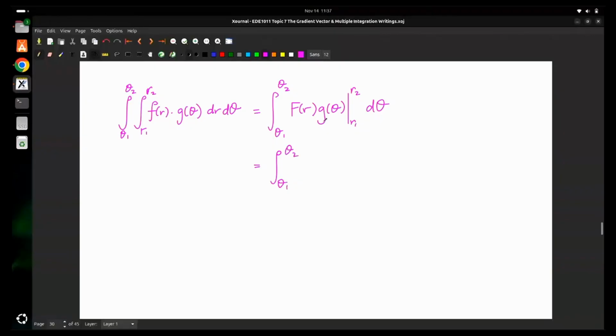This is big F of R2 minus big F of R1, and this whole thing is multiplied by g of theta d theta.